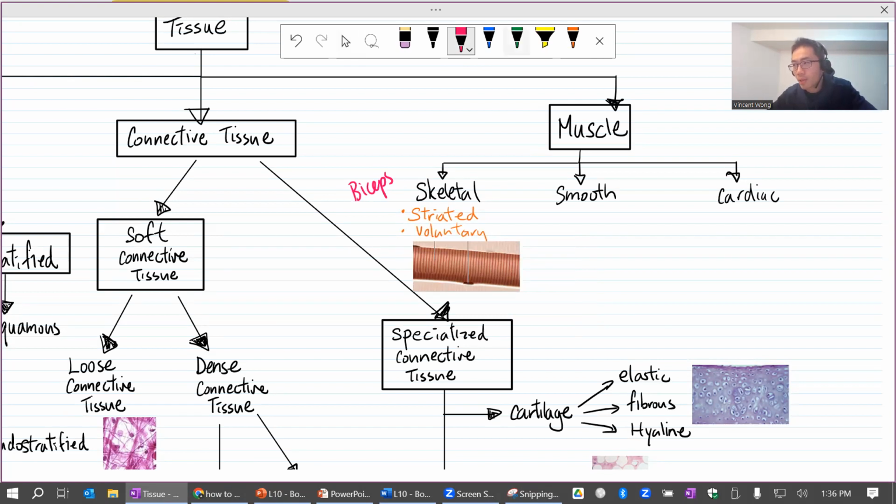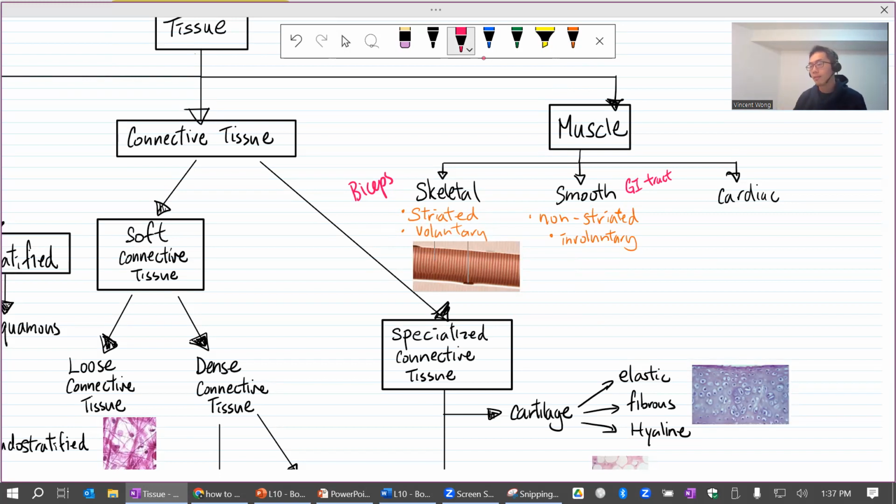Smooth muscles are non-striated. They don't have the banding patterns, and they are involuntary. You cannot control it. An example would be muscle in the GI tract that helps push your food forward.